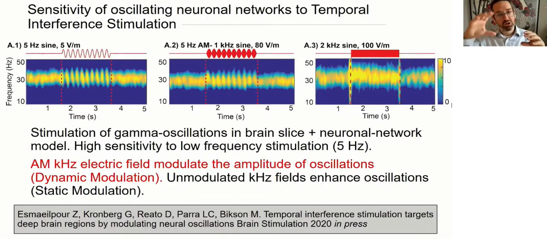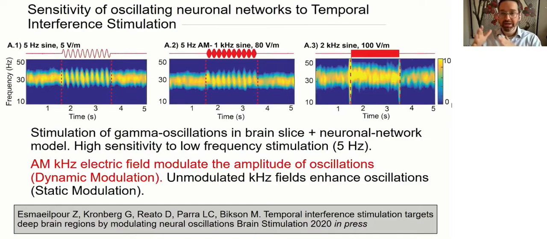Now, amplitude modulated kilohertz fields, which is what you're seeing in A2, modulated the oscillations, but they made them wax and wane. So we call this a dynamic modulation. It wasn't necessarily that the oscillations got bigger or smaller throughout the whole time. It's that their intensity got bigger and smaller as this AM electric field went up and down.